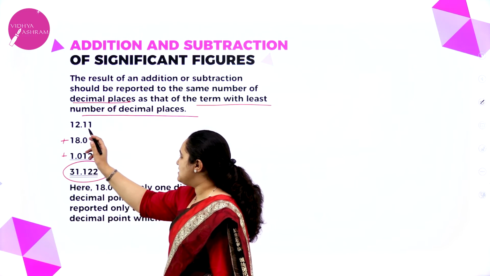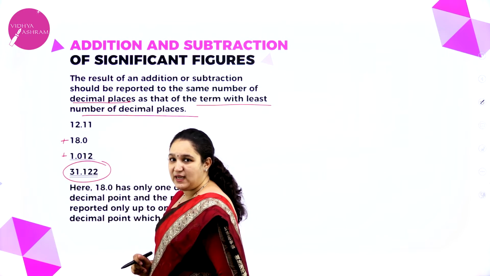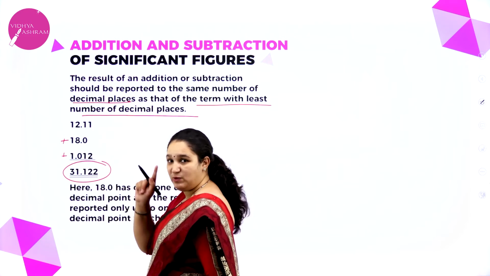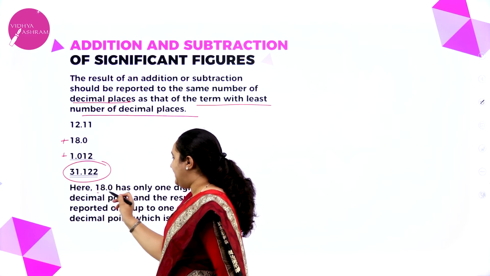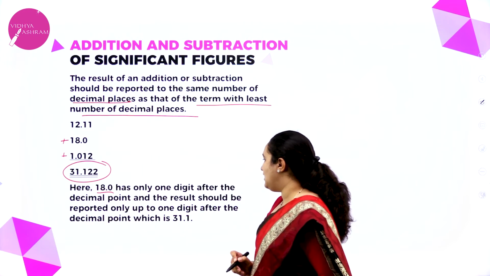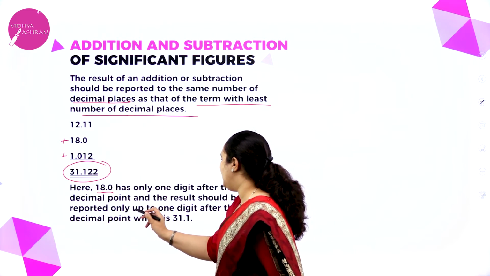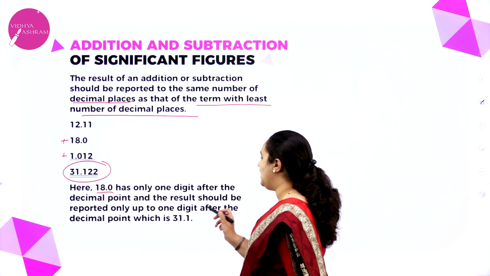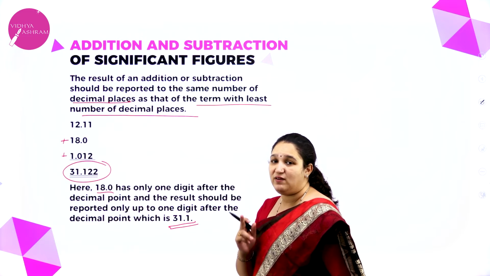How many decimal places are there in the first number? 2. How many decimal places in the second number? Only 1. After the decimal point, only 1 digit is there. Here, 3. So, 18.0 has only 1 digit after the decimal point, and the result should be reported only up to 1 digit after the decimal point. So, I will report it as only 31.1.